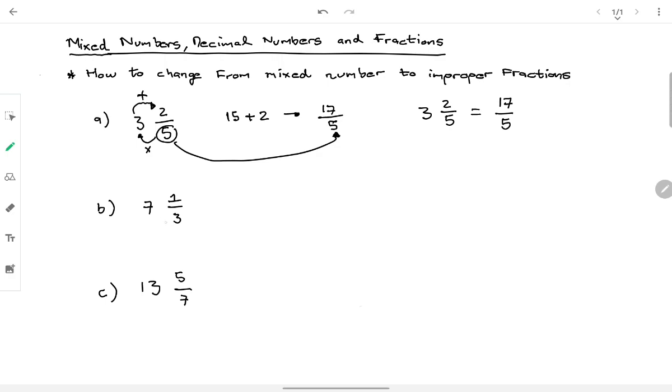So we need to multiply the denominator by the whole. Remember, multiply and then add the numerator.